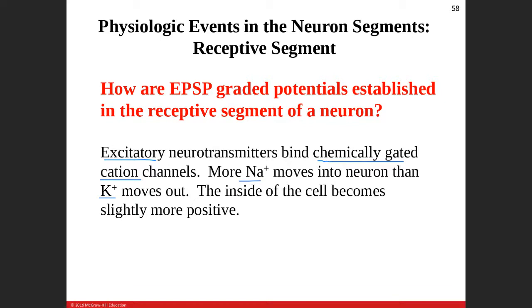Like I said before, even though potassium is leaving the cell, it's not leaving as much or as fast as sodium is entering. You might have 1 molecule of potassium leaving, but 10 molecules of sodium entering in. So it'll make it more positive on the inside.